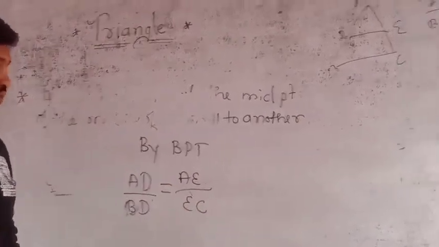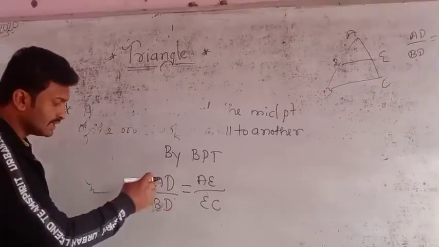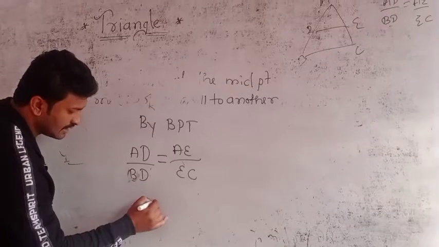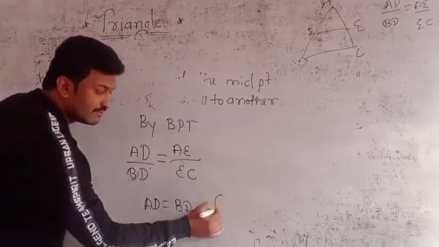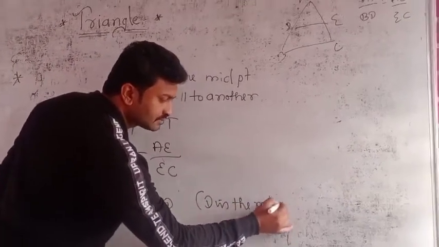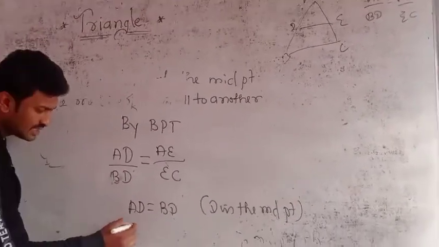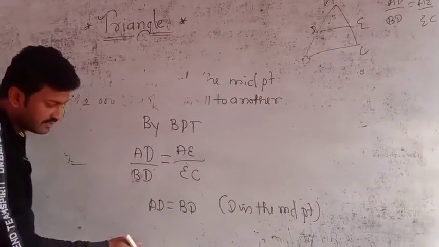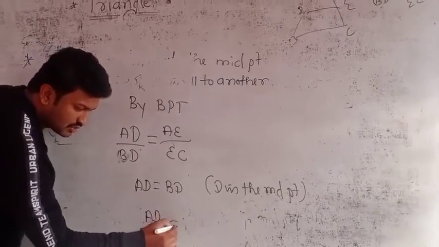And what is given in the question is AD equals BD. Why? D is the midpoint. How to write this one? You take this to the denominator: AD divided by BD equals 1.